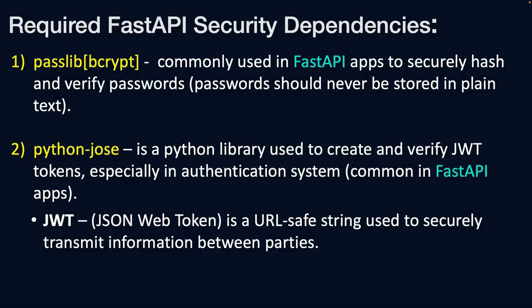Before we implement authentication in the API, we need to install a couple of dependency libraries to the project. One to store passwords safely, and the other to create secure tokens.